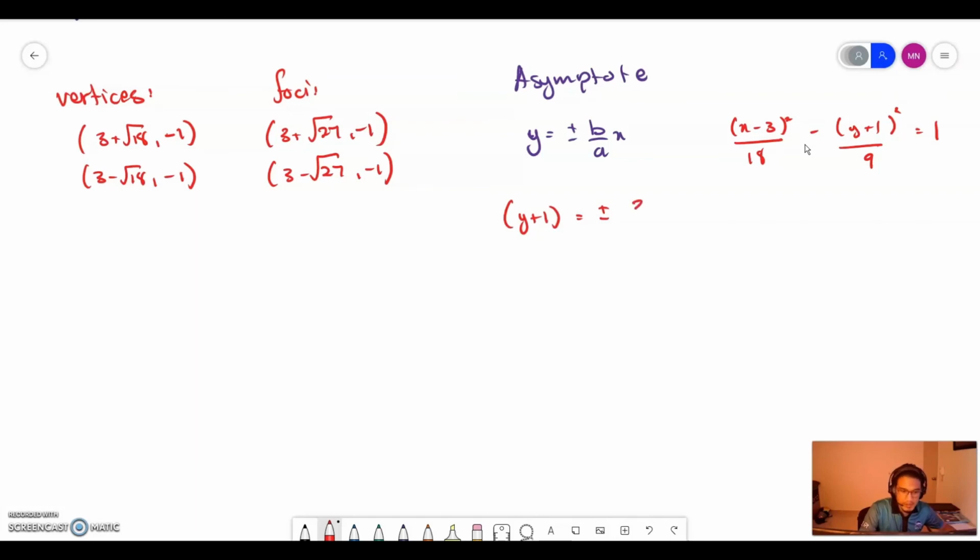So b is 3 over square root of 18, and our x component becomes x minus 3. Okay, then we can simplify.